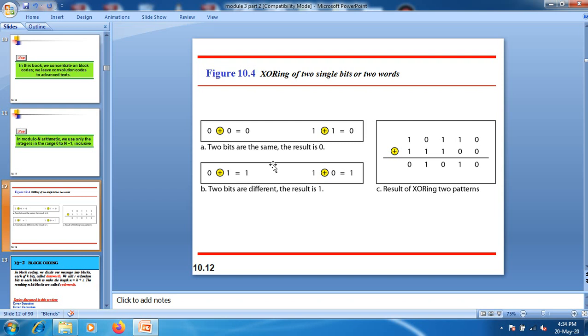If you look at these two operations, we are very much familiar with one operation, that is the XOR operation. If the two bits are the same, the result is 0. If the two bits are different, the result is 1 here. And we are using this XOR operation when it comes to error detection and correction here.